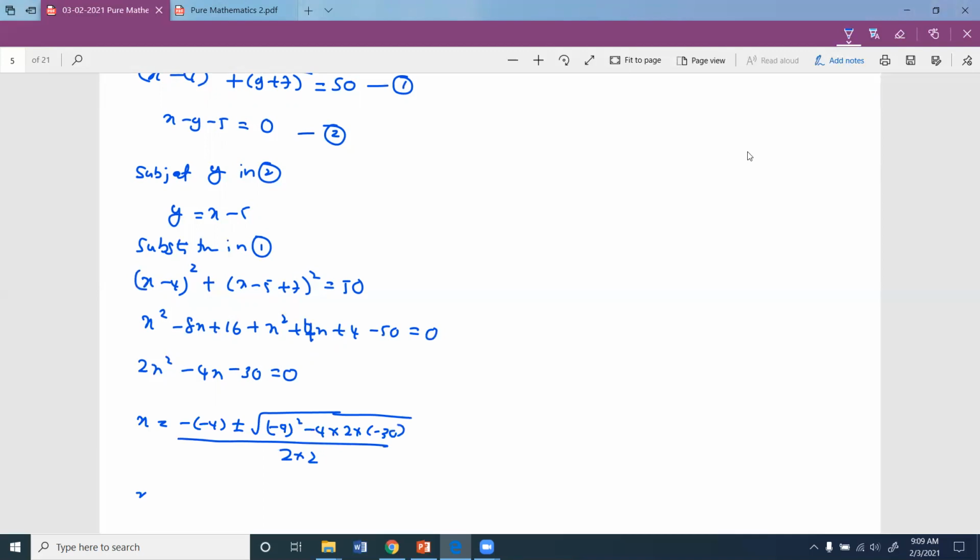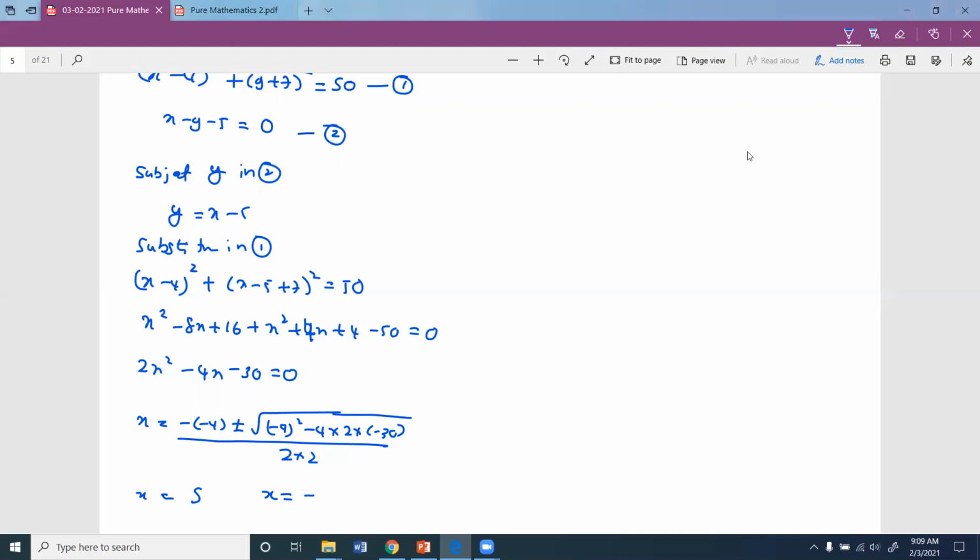So from here you can get the answer for x. One answer is 5 and the other answer is -3.